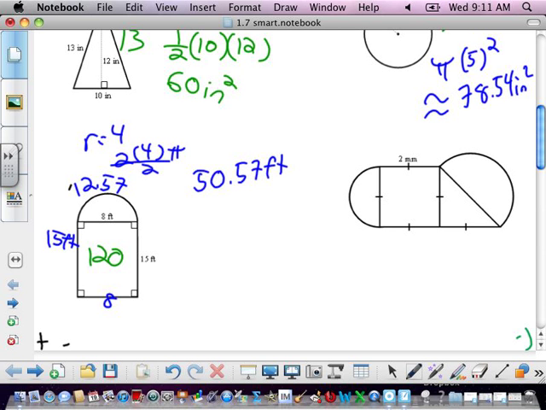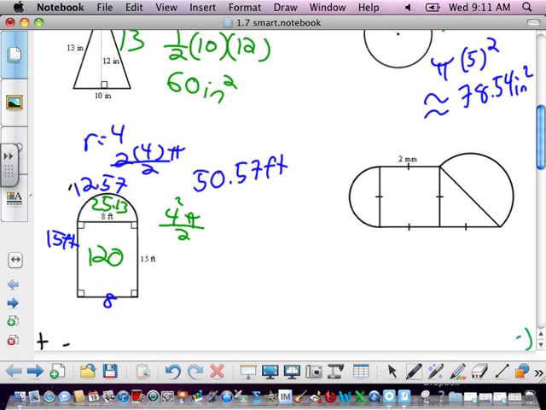How am I going to find the area of my half circle? What's the area for a circle? Pi r squared. So what's the area for half of a circle? Pi r squared divided by 2. Perfect. So we had 4 squared times pi divided by 2, which is 25.13.